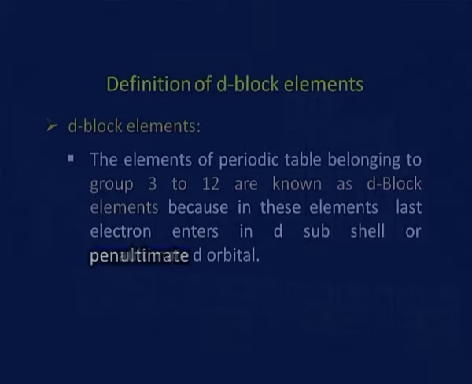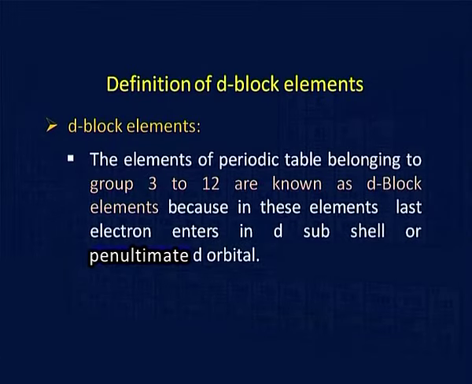Transition elements are, as I told, part of the periodic table in which they are in the D block, and therefore, the other name for the transition elements is D block elements.